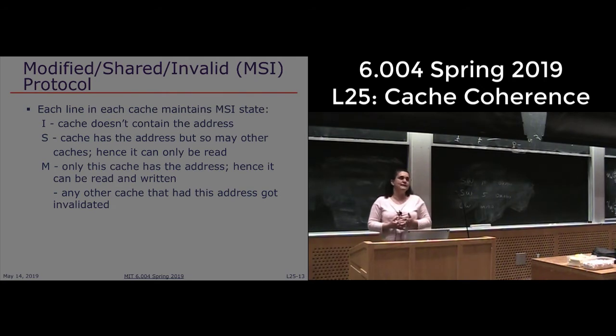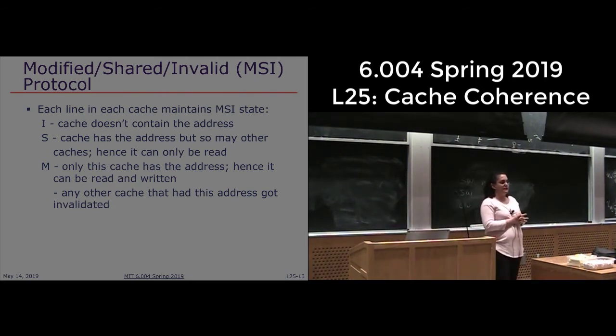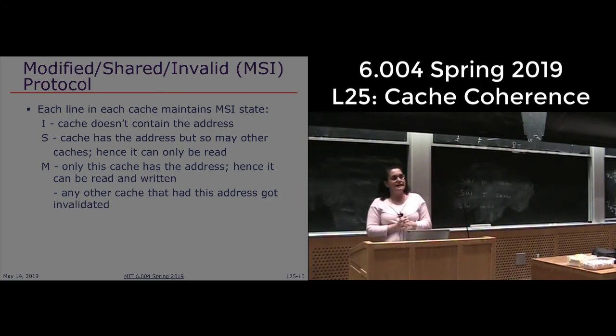All right, so now let's talk about a slightly more complicated protocol, which is called MSI. So MSI stands for Modified Shared Invalid. And as you can imagine, invalid basically means the same thing. It means that you essentially don't have that particular address in your cache.